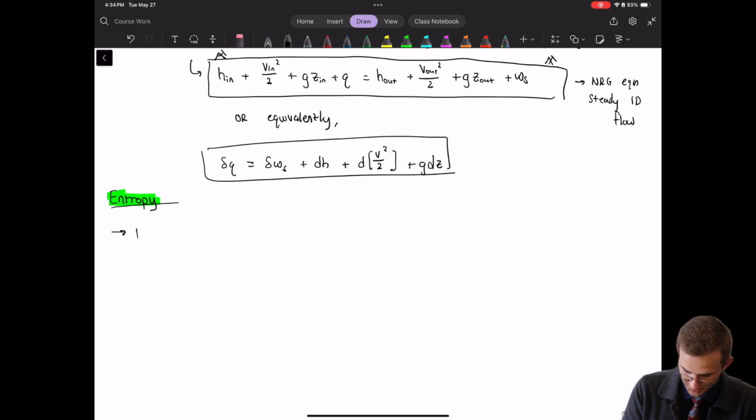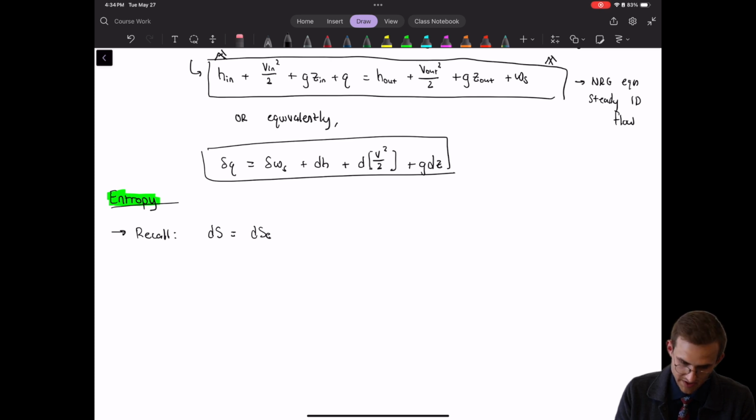Okay, I want you to recall from your thermodynamics coursework that you can split a change in entropy into the change in entropy due to reversible processes and the change in entropy due to irreversible processes, right?